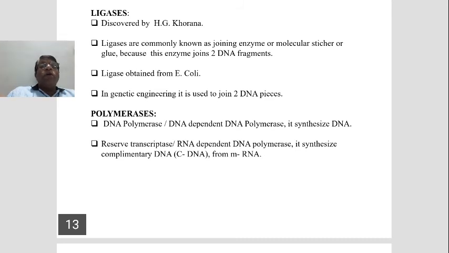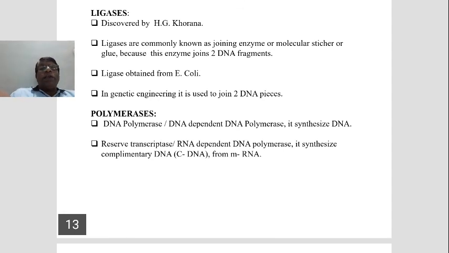About this enzyme, you have already learned in the chapter Molecular Basis of Inheritance when we discussed the synthesis of DNA, where we came across the ligase enzyme which joins two Okazaki fragments of DNA. Ligases join two DNA molecules.